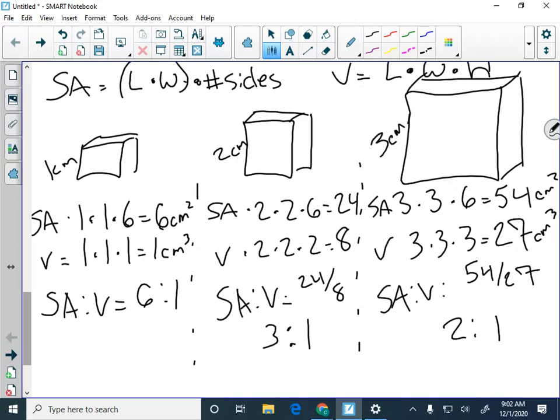We would rather have 27 little cubes than one big cube because we have more surface area with these little cubes. We want to increase our surface area because this cell has limited efficiency, meaning we don't have enough surface area to get what we need in and what we need out.